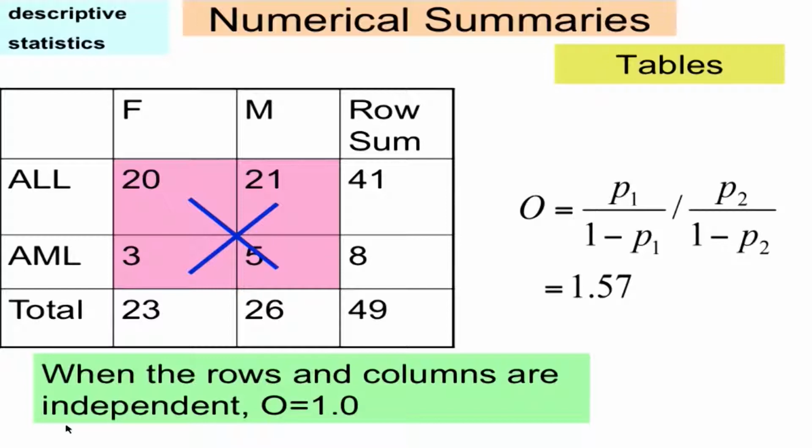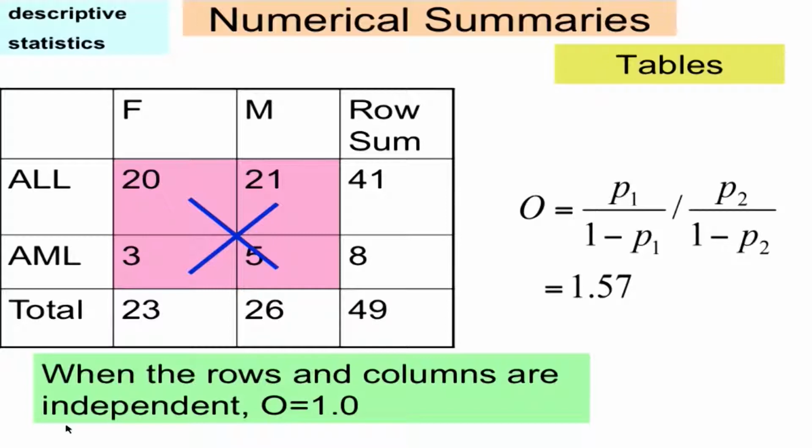And in that case, your P1 over 1 minus P1 will be 1. And if it's also the same for the AML patients, then P2 over 1 minus P2 will be 1. But that's not what this is saying. This isn't saying within males are you equally likely to have this cancer.